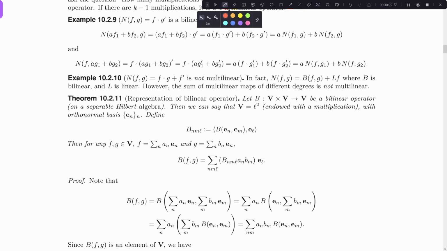This harkens back to the matrix version. We had N, M, and this was L of a_N e_M, or I might have those indices backwards.